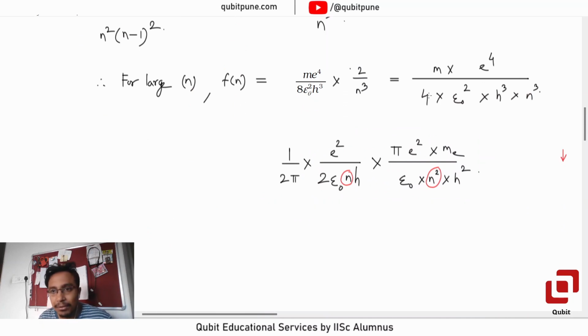Now look, this is 4, 2 into 2, 4. Then we already know that it is n cubed. We had already encircled it. Now let's go for mass of electron into e raised to 4.